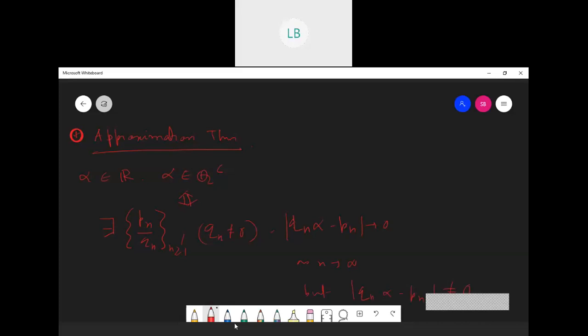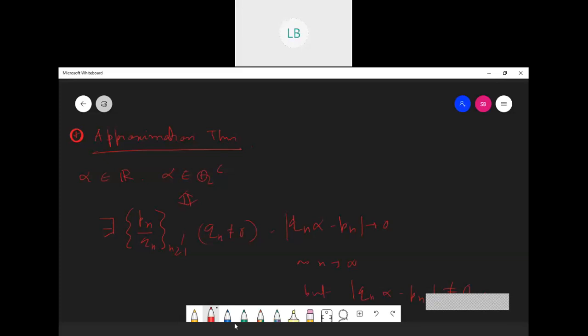So what I am claiming is, if p_n by q_n is a sequence of rationals such that it is a Diophantine rational approximation of alpha, but none of the terms q_n alpha minus p_n is equal to 0, though they are going to 0 as n tends to infinity.